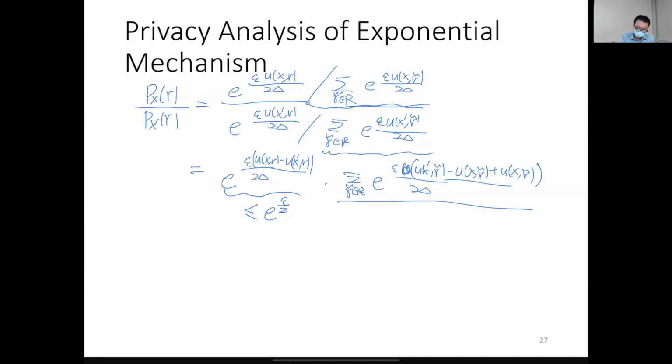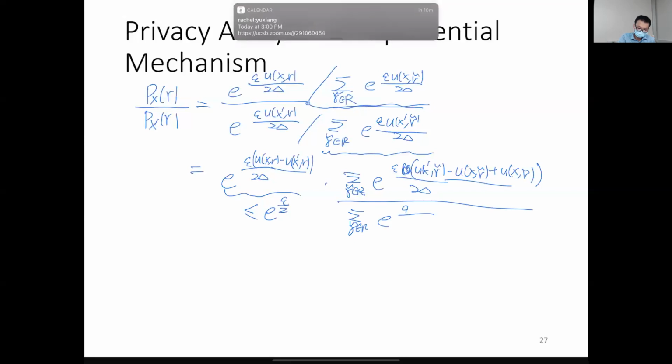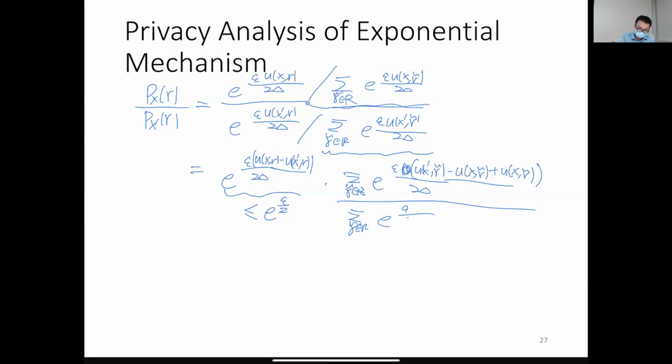And this is divided by the sum over r tilde of e to the power of epsilon over 2 delta times u(x, r tilde). What we can do is group this part of the exponential together and apply the sensitivity of the utility function. And this is smaller than e to the power of half epsilon.